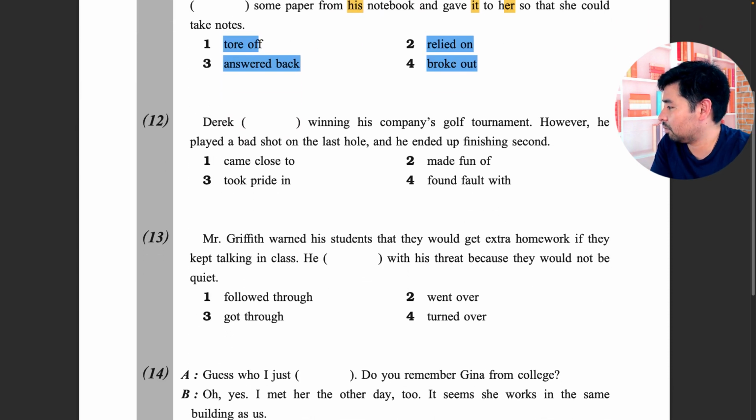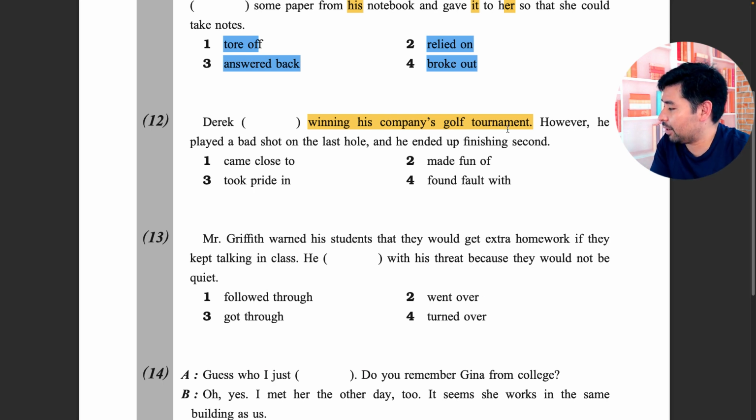Derek. Again, we have a name here. Winning his company's golf tournament. Winning is from the verb win. However, an important word, he played a bad shot on the last hole, and he ended up finishing second. So Derek what? Winning his company's golf tournament.